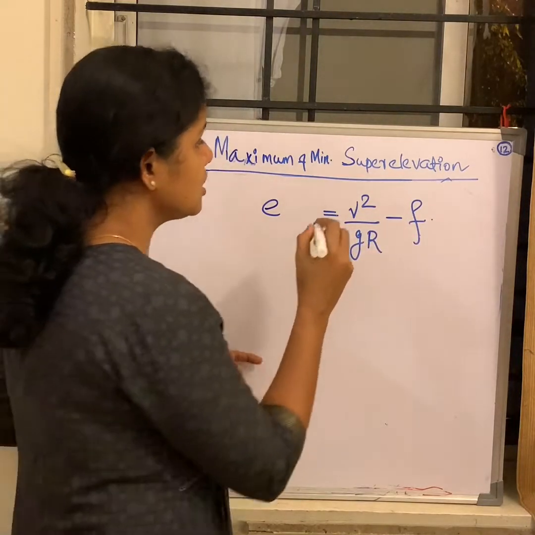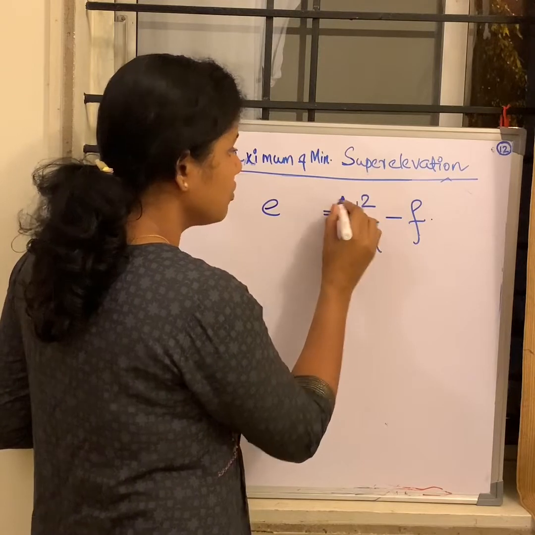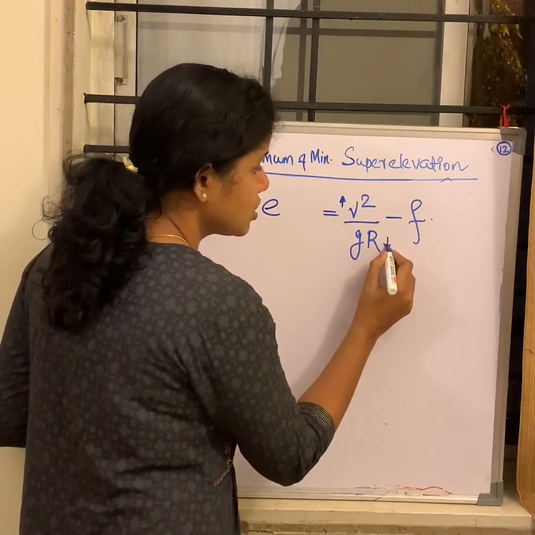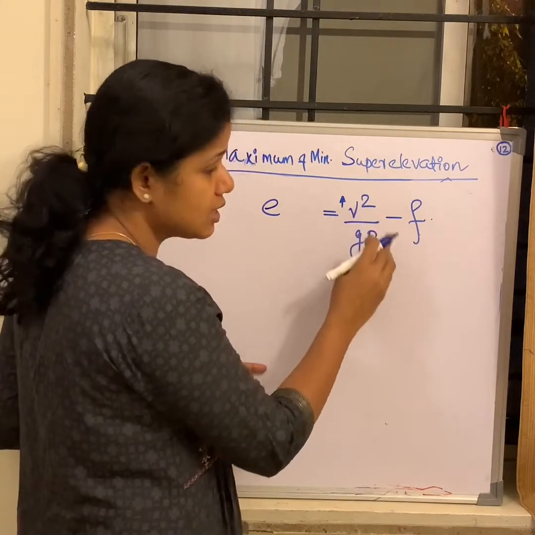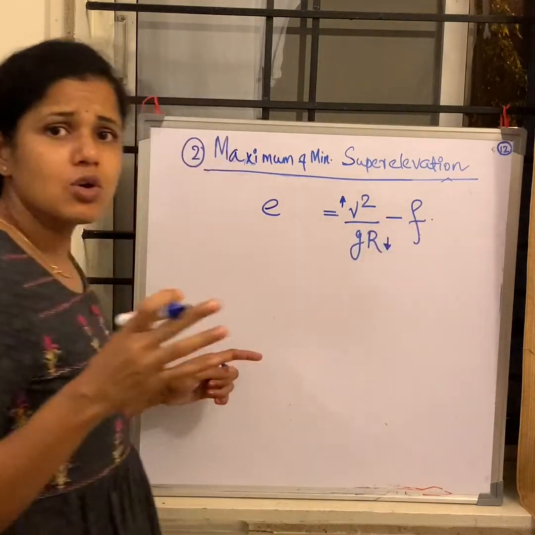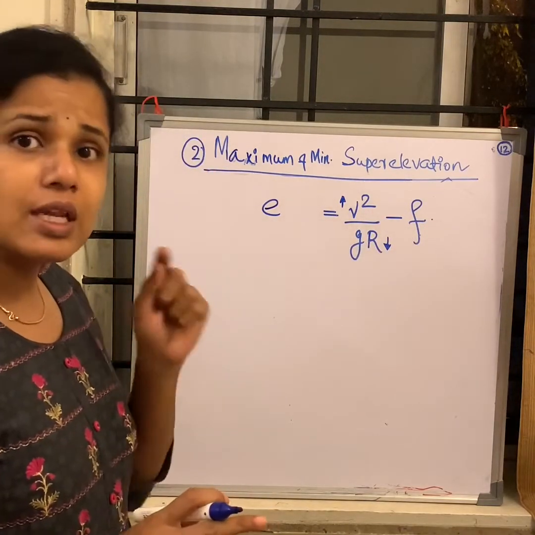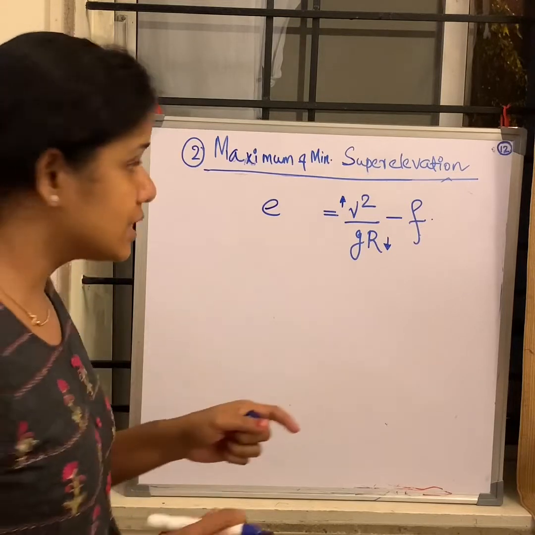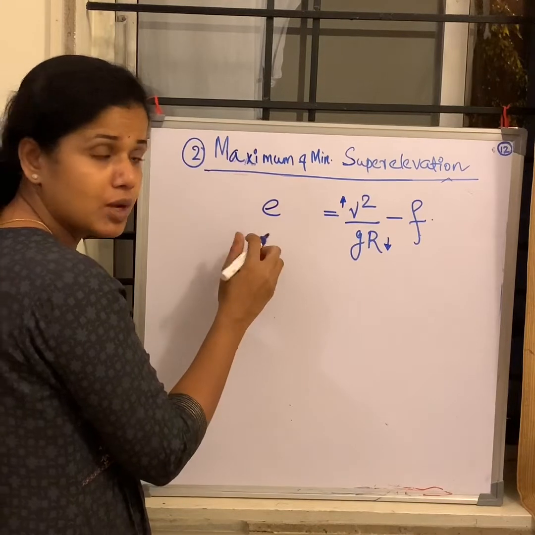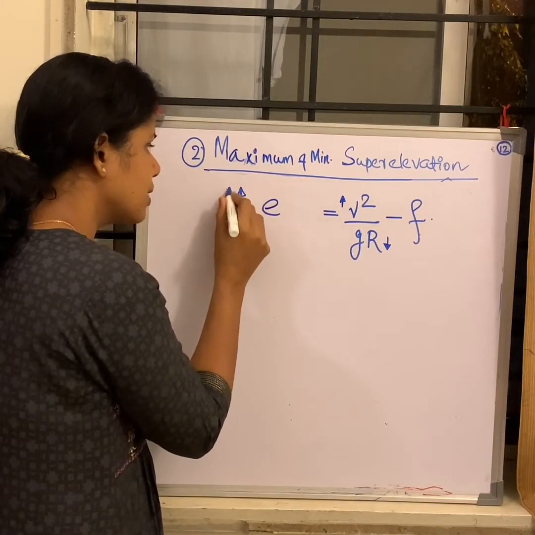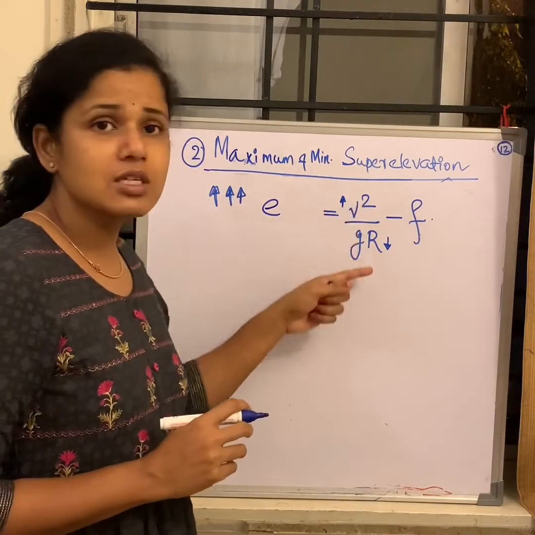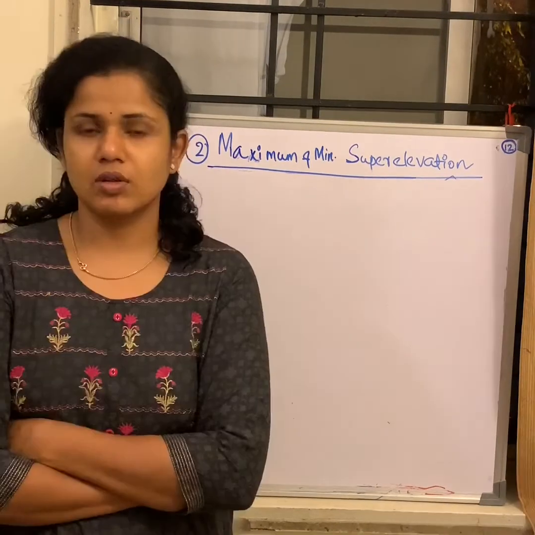Now, imagine a scenario in which the speed of the vehicle is more and you have a lesser radius of curve, so as the speed increases but with a less radius of curvature, and for a constant or a maximum value of friction. In that case, what does it demand? As V increases and R decreases, what is going to happen to your super elevation? It's going to be considerably high. So, the super elevation value is going to increase when there is a variation in its affecting parameters.